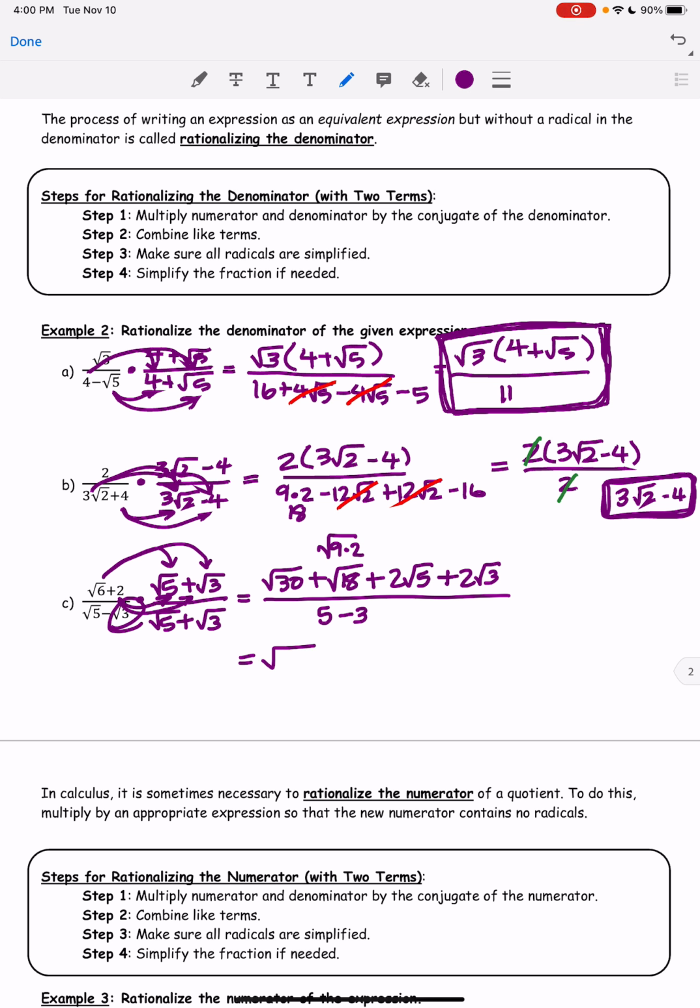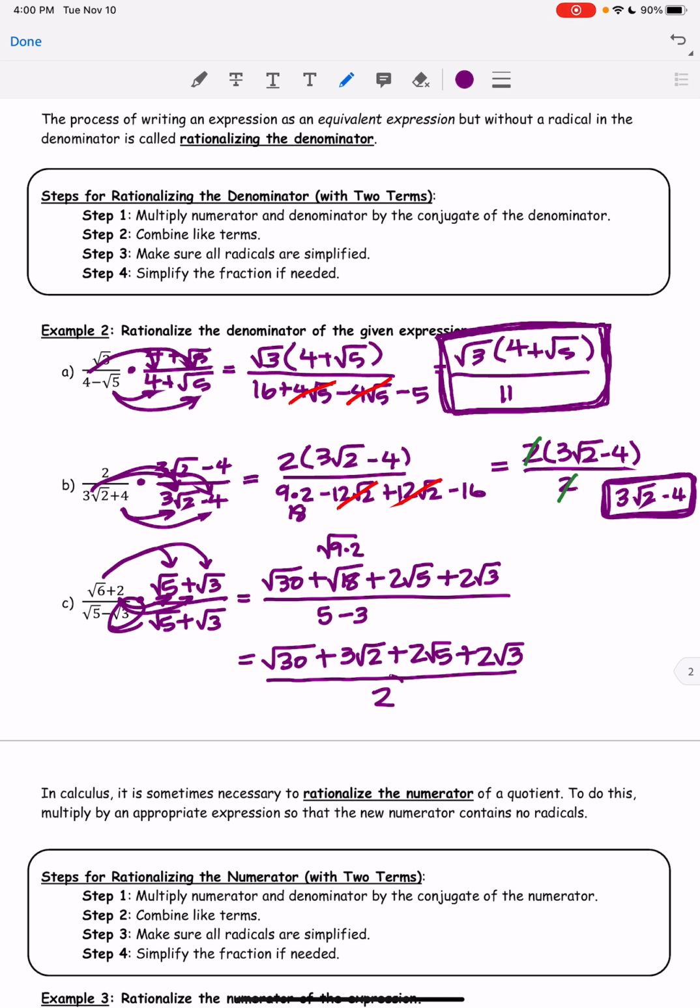So my top is going to be square root 30 plus 3 square root 2 plus 2 square root 5 plus 2 square root 3. All over 2. Can I combine anything on the top? Because we have a square root 2, a square root 5, and a square root 3, none of those have the same radicands, so we cannot.